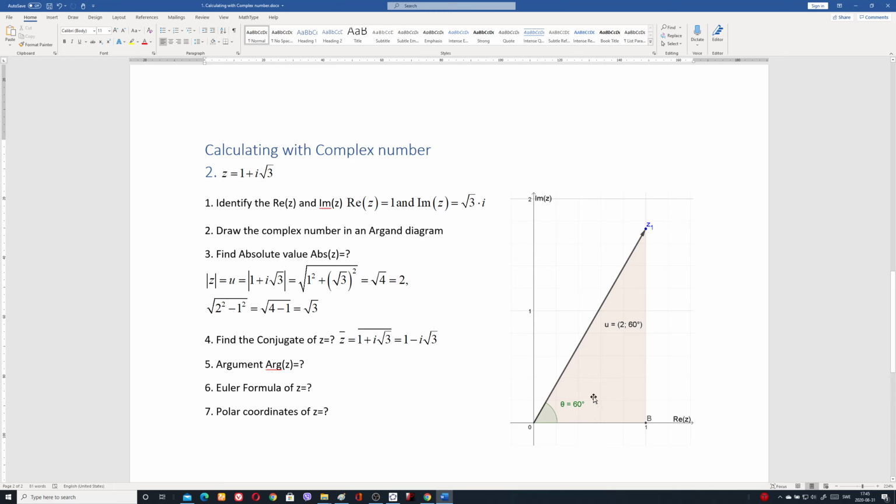So now we will find the argument of this complex number.